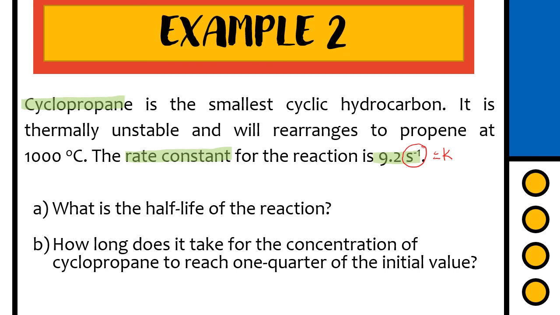If we look back on the slide before, s^-1 is for first order reaction. So once we have determined the order of reaction, then we can choose the correct equation to find the half-life of the reaction. So now let's proceed with the calculation part.